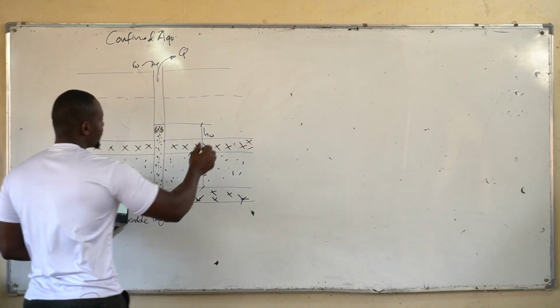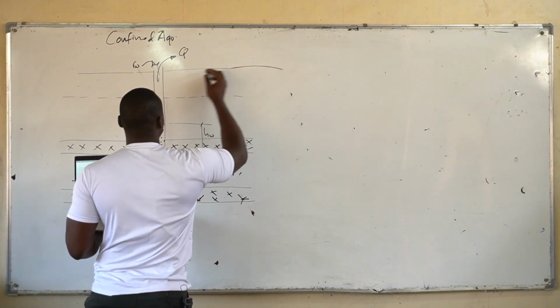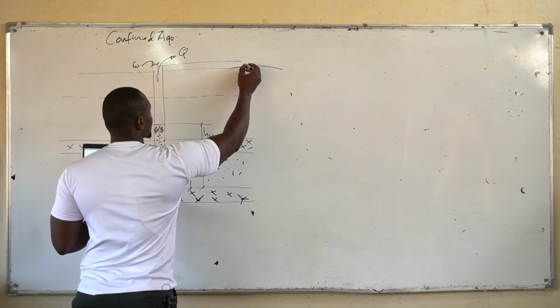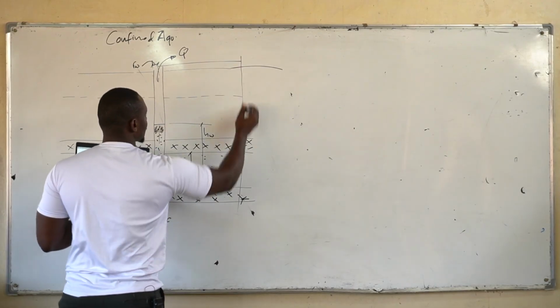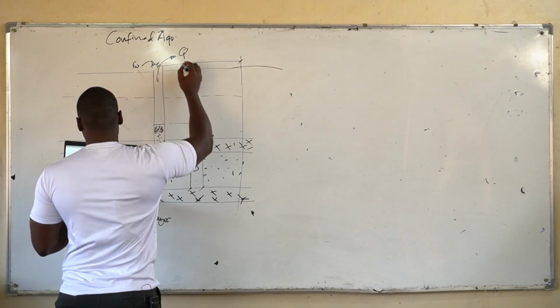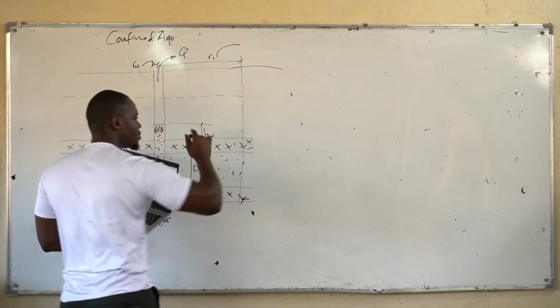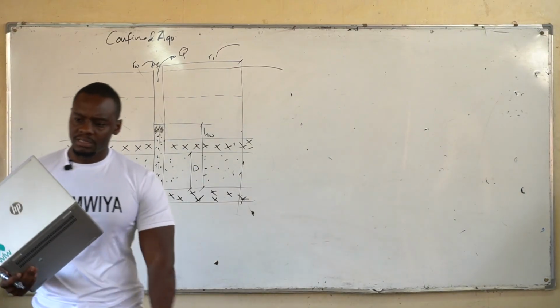Then the other value that is very important to us, and someone asked about this yesterday, it's just the R1. This is also known as the radius of influence.